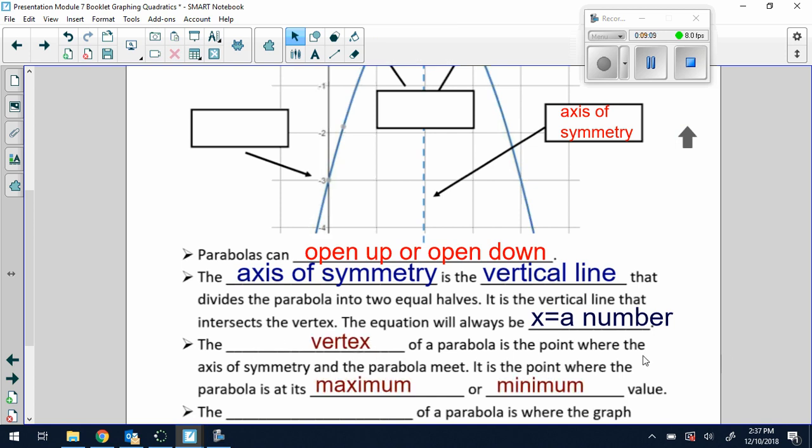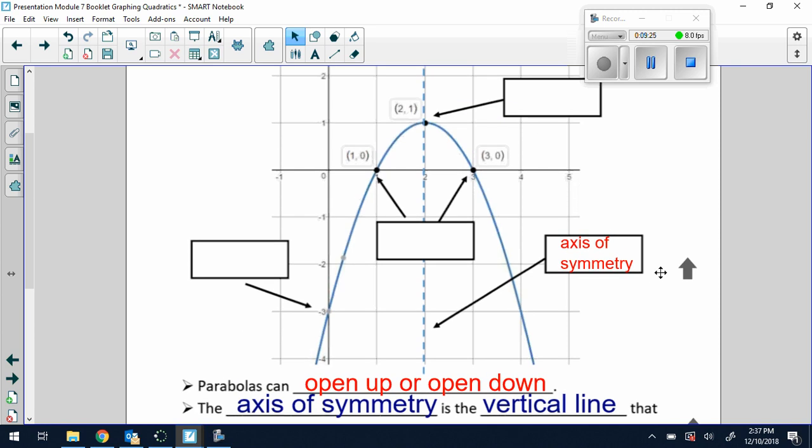The vertex of a parabola is the point where the axis of symmetry and the parabola meet. It is also the point that is the maximum or minimum value. We're going to talk about those two words and when it is a max versus when it is a minimum. But for now, we're just going to look right here. This is our vertex.